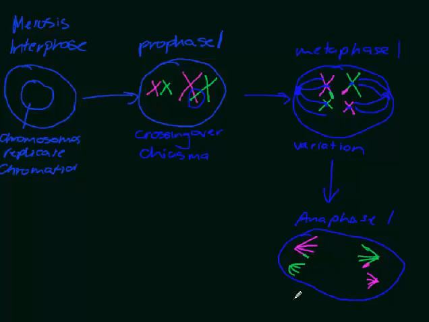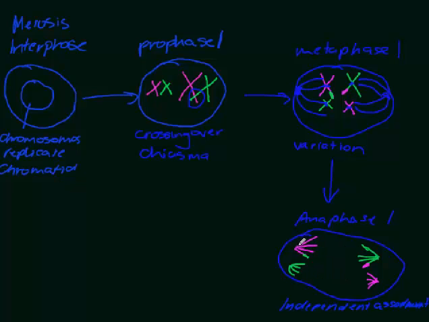This is really, really important, and what this does is also increase variation, because as we can see, the two chromosomes have gone to opposite poles in terms of the paternal and maternal, and this is what we call segregation or independent assortment. Okay, and that's a really, really important process.